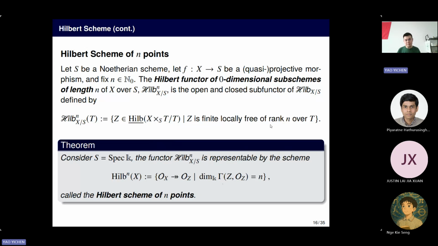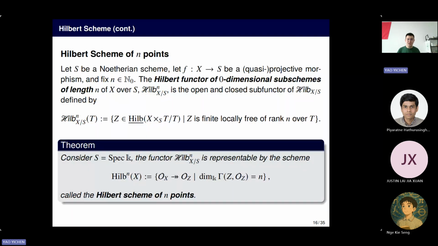Because locally free of rank n means that if we restrict the sheaf to an open set, it will be isomorphic to the structure sheaf on this open set to the power of n, and here we just choose our S to be spec K, so all of its open set is just U. Because spec K contains only one point, the open set is the whole space if we ignore the empty set.